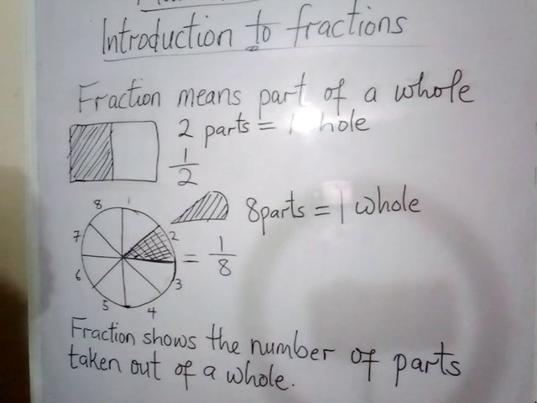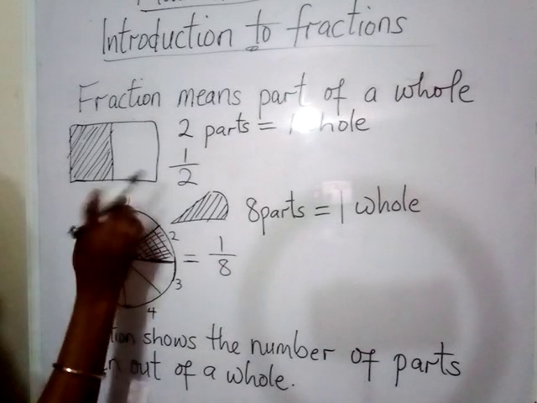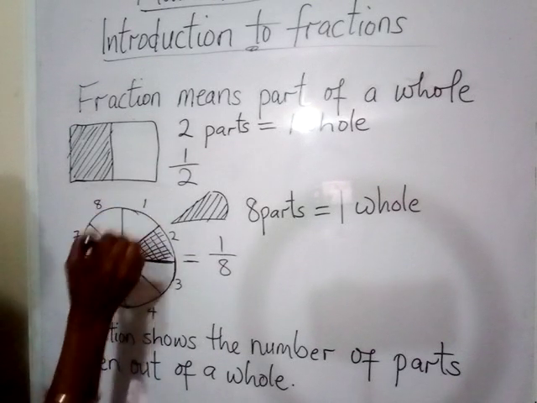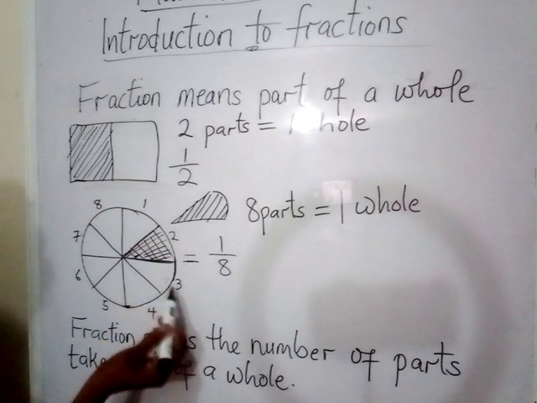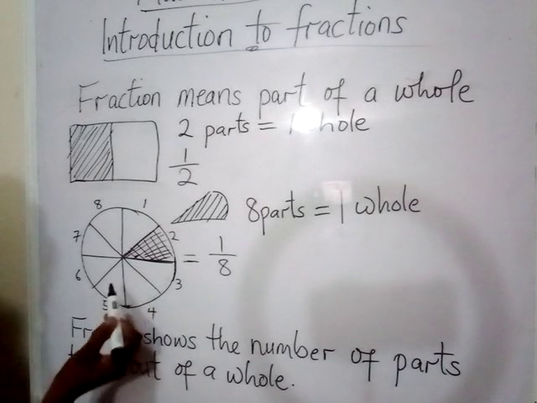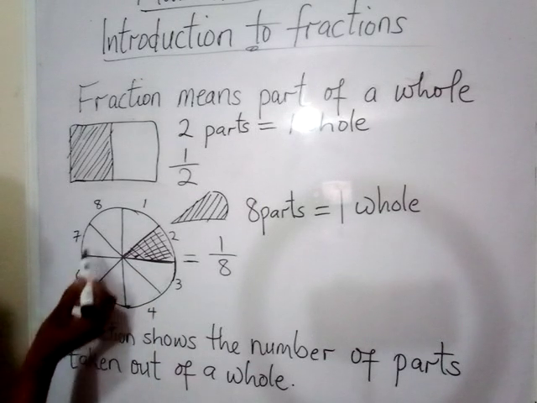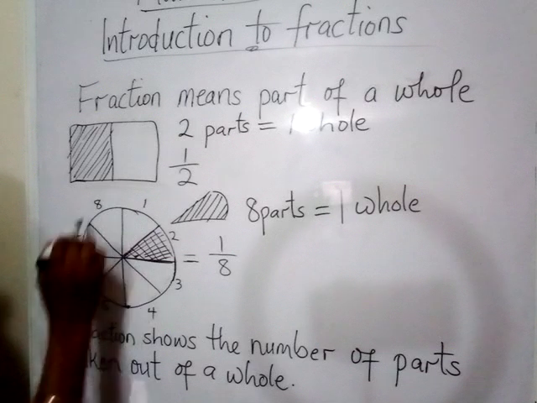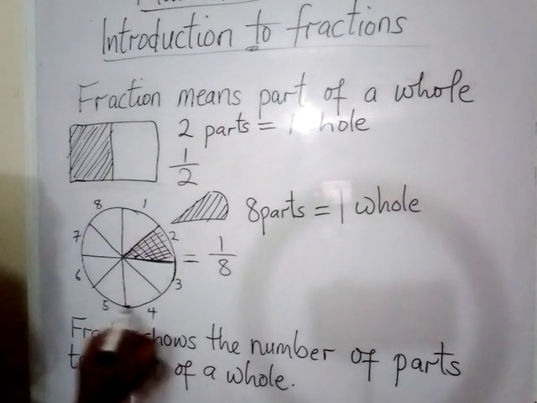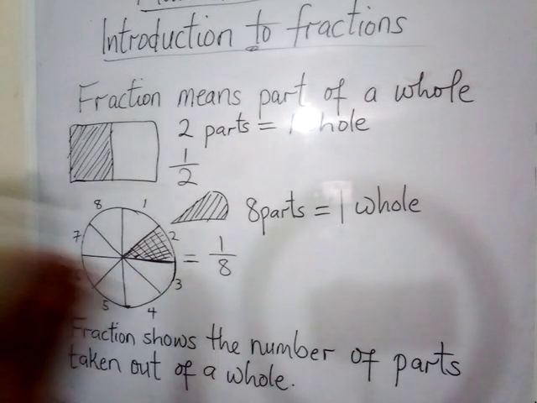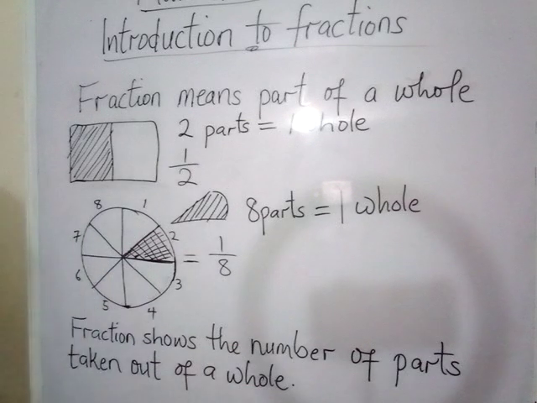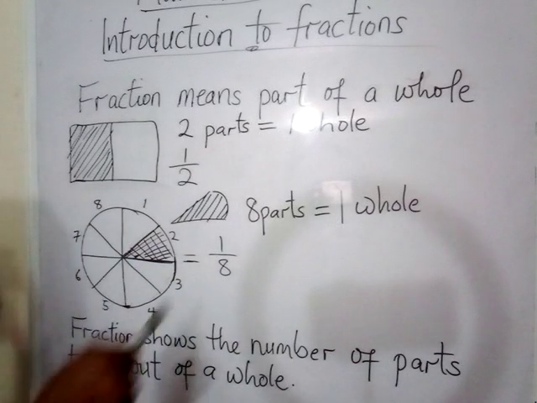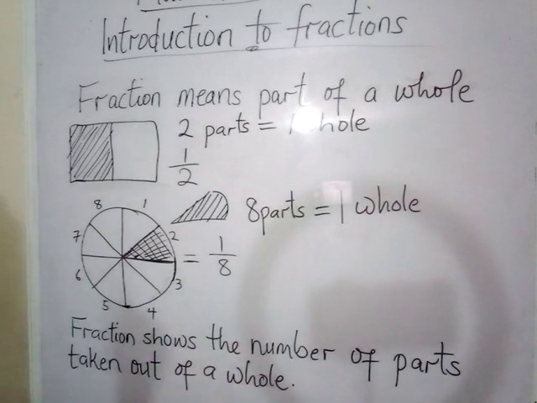I hope we are following. Look at it. This is 1, 2, 3, 4, 5, 6, 7, 8. Now the 8 parts all join together to form one whole pizza, right? They all join together to form one whole pizza.